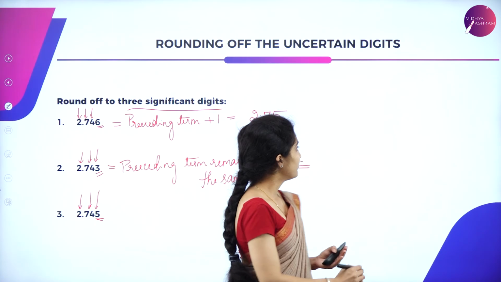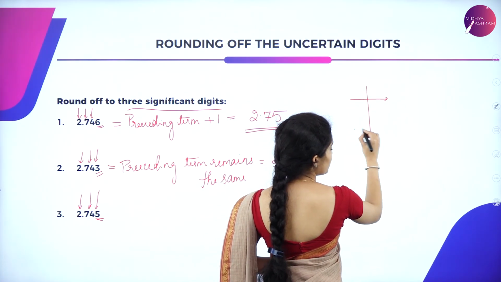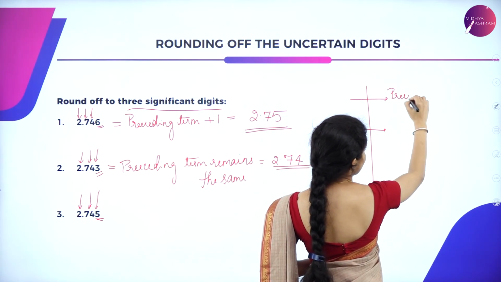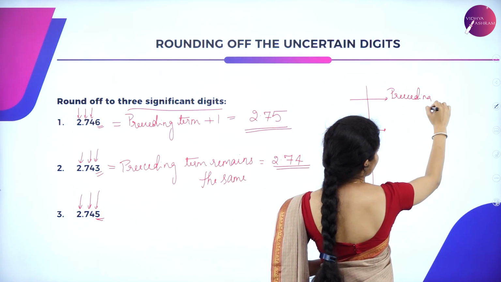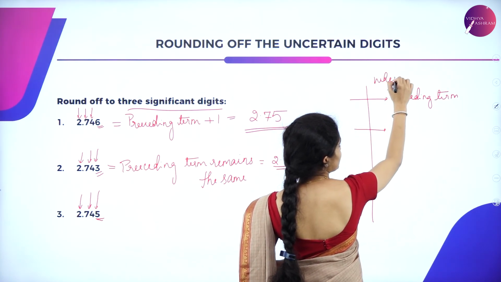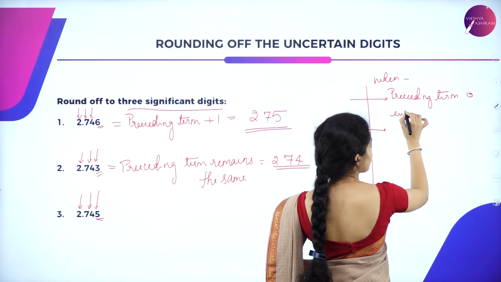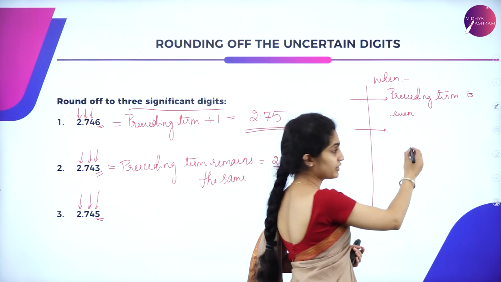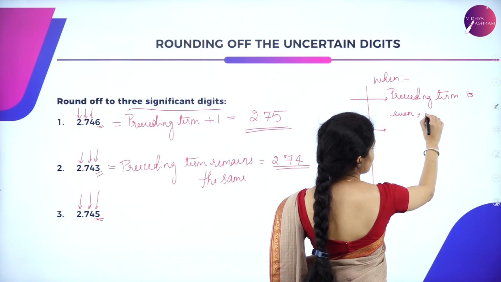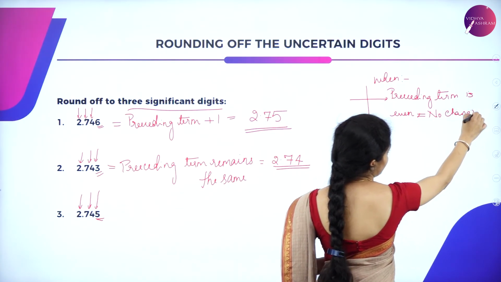That is, when it is 5, there are 2 points. When your preceding term is even, there is no change in the number. Okay, when the preceding term is even, there is no change in the number.